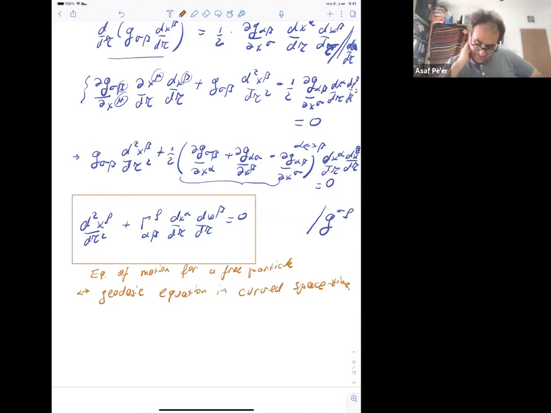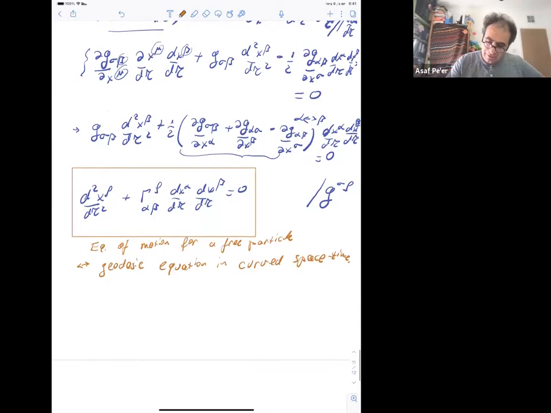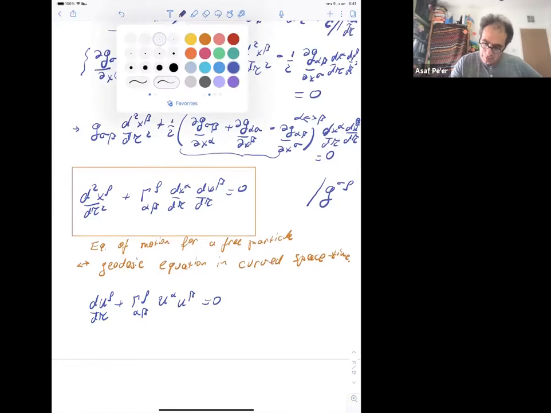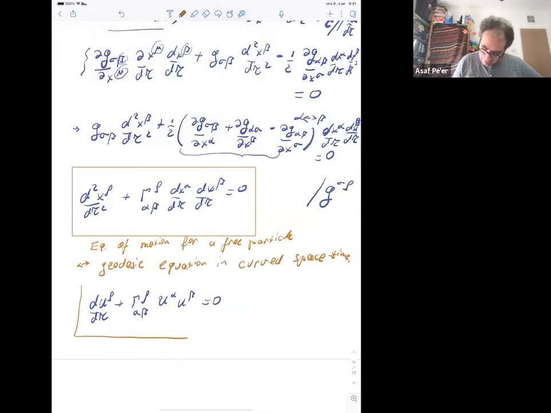Right. Of course, alternatively, we could write down the same equation, not using the coordinates, but using the velocity, right? du rho over d tau plus gamma rho alpha beta u alpha u beta equal to 0, which is, of course, the same equation.